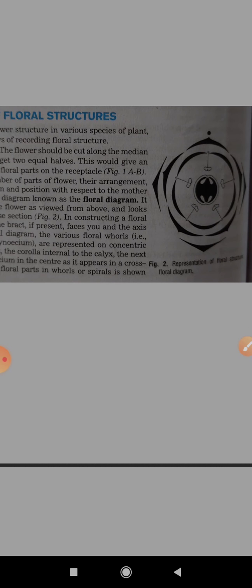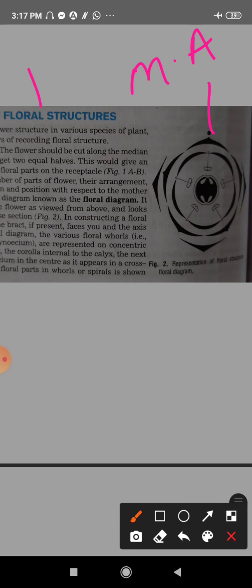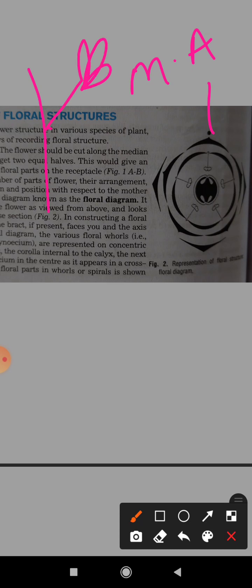Now if you look at this diagram here, this dot is actually the mother axis. What is the mother axis? The mother axis is the position on the stem to which the flower is attached.